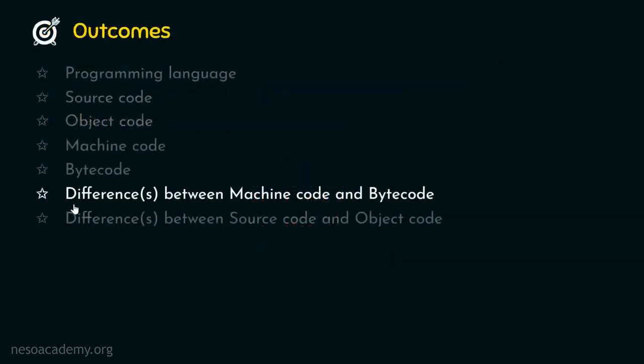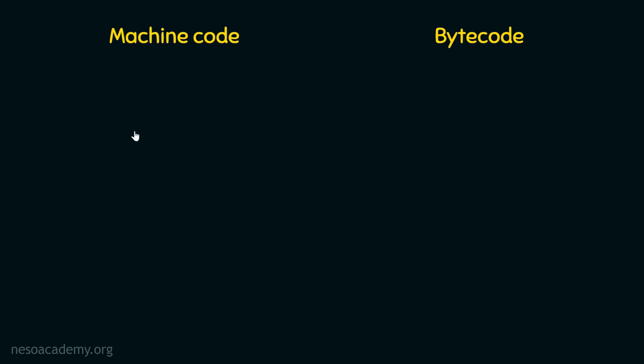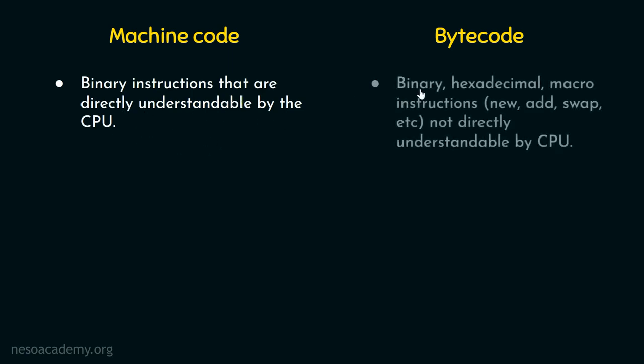Now that we have learned all those concepts, let's go over some differences between machine code and bytecode. As we saw earlier, machine code is in the form of binary instructions that are directly understandable by the CPU or the computer, whereas bytecode is in the form of binary, hexadecimal, or macro instructions like new, add, swap, load, etc., which are not directly understandable by the CPU or the computer.